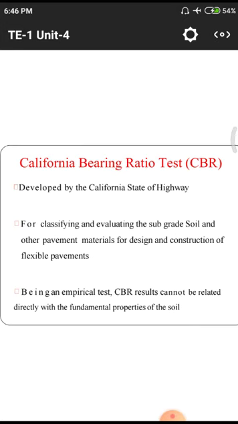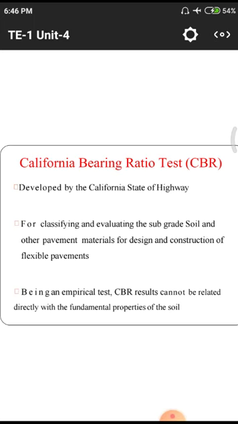Flexible means these tar roads. Why do we call tar roads flexible? Because the material is tar, which is flexible. We can convert the tar into different shapes and sizes in its plastic state. But in case of cement, we won't convert the cement into different shapes or sizes. Why?